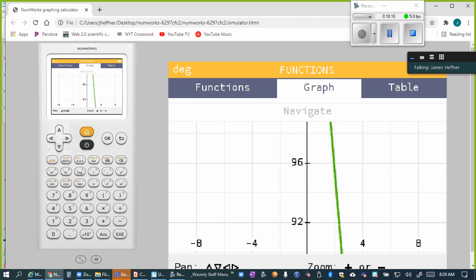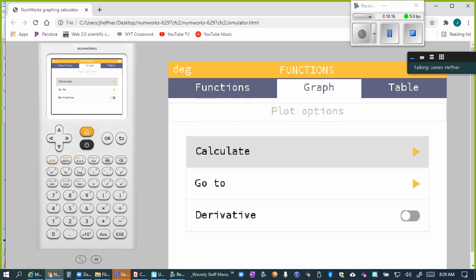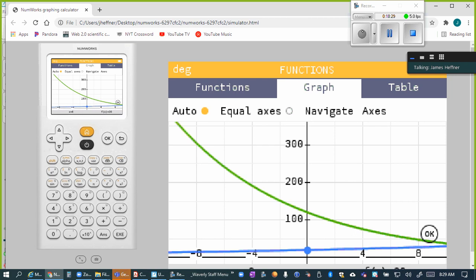I don't like this. This is not doing the same thing it did before. Let me try this EXE key at the bottom. No, back. It is just not doing the thing that I wanted to do. Auto. Okay, well, auto's a little bit better.